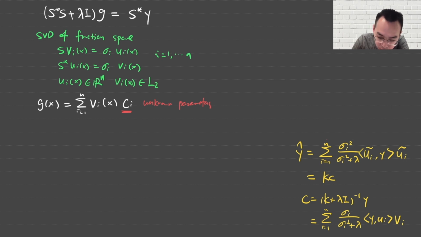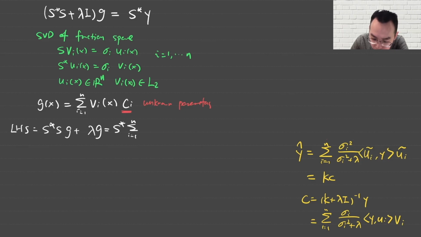So we're going to have S star S act on g plus lambda g on the left-hand side. Because we are in this SVD form, we can write it out in this way, as a summation of ci times S acting on vi of x.